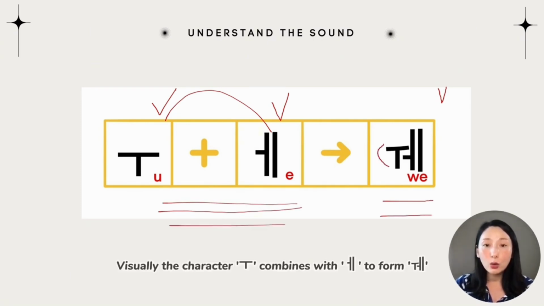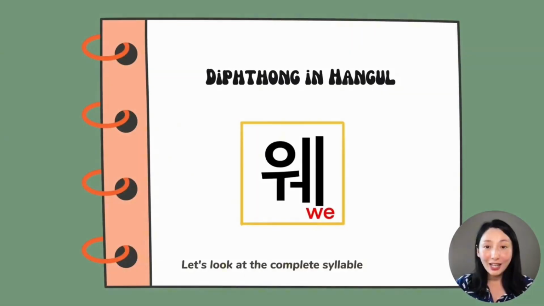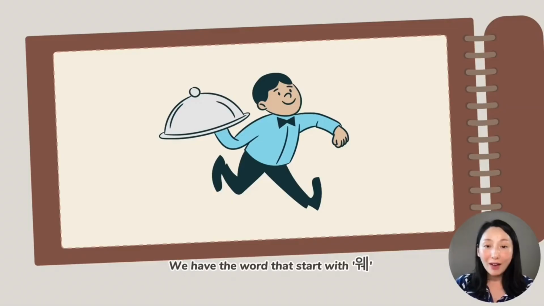Visually, the character U combines with A to form we. This visual combination helps to understand the sound transition. Let's look at the complete syllable with a silent placeholder iung. See my lip change? We have the word that starts with we.